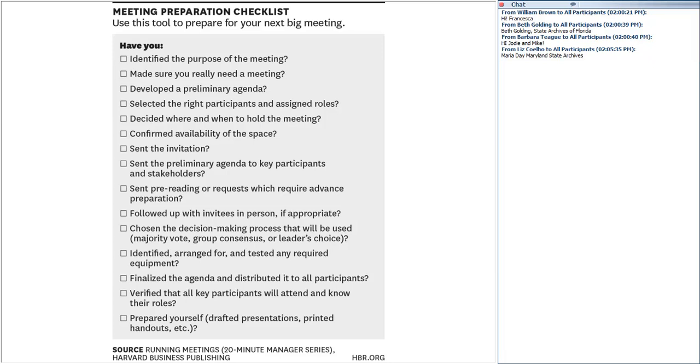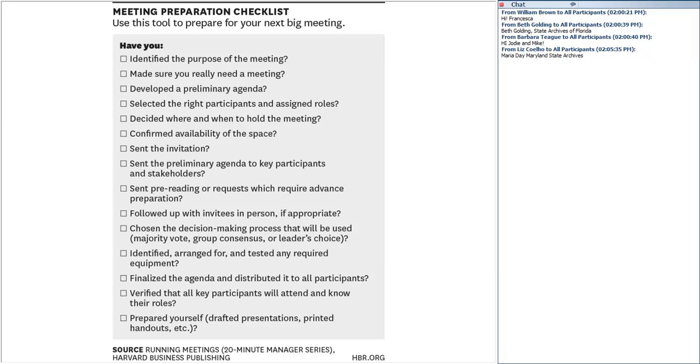And that means that the right people are coming, that you have clearly identified the purpose of the meeting, you have a clear agenda, that people have had the ability to review the agenda and make additions to it, that you have a space, that you have the equipment that you need, and that everyone who's a key participant is prepared for the meeting and prepared for how the meeting will unfurl.